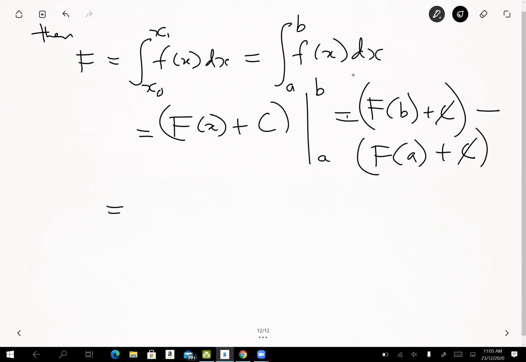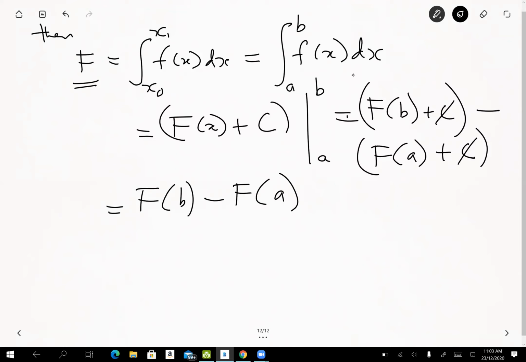So what I have is capital F at B minus the value of the integral at A. So don't worry about the constant, because at the end, the constant will cancel out. So that is the definite integral. You take the difference, F(B) minus F(A), and you get a specific value, F.